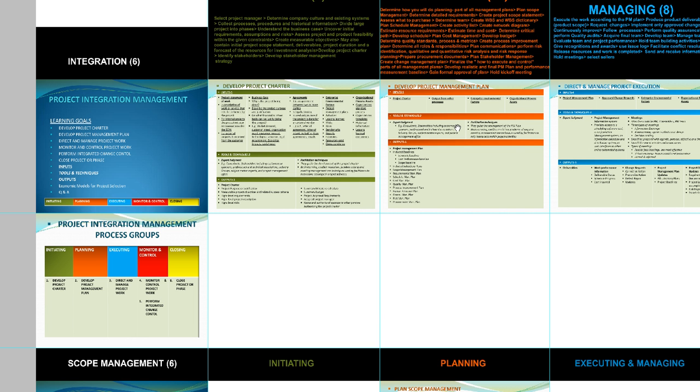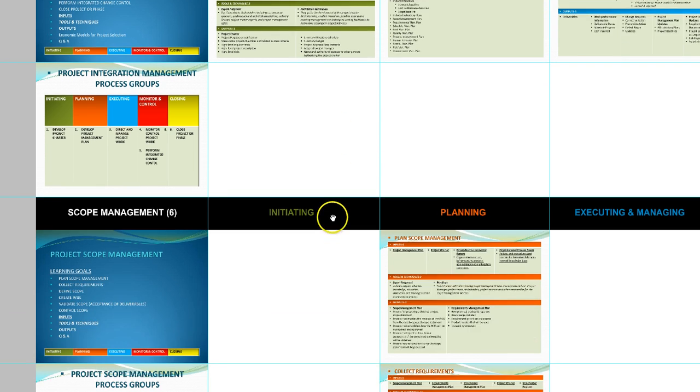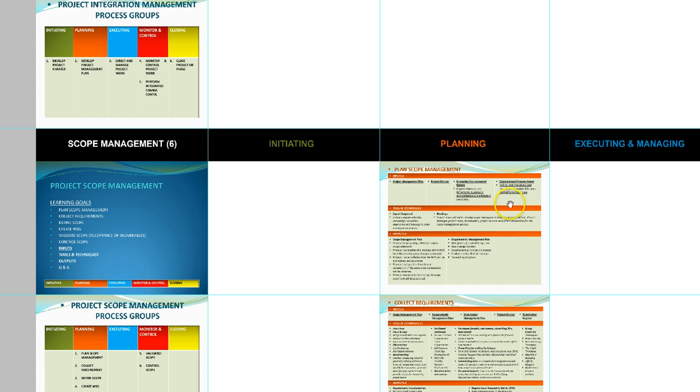For example, if I go down here, there might be a question as to plan scope management is in what process group? The answer would be it is in the planning process group. Then they could ask, plan scope management lies in which knowledge area?